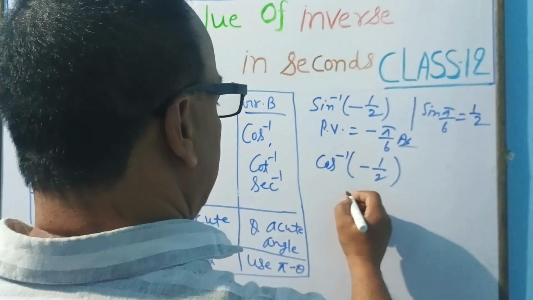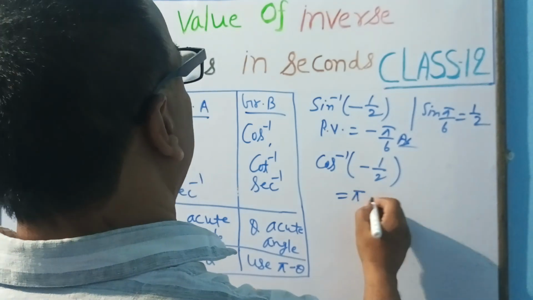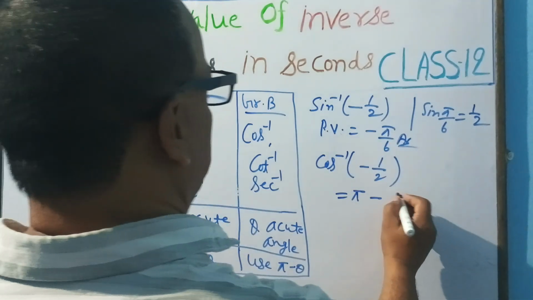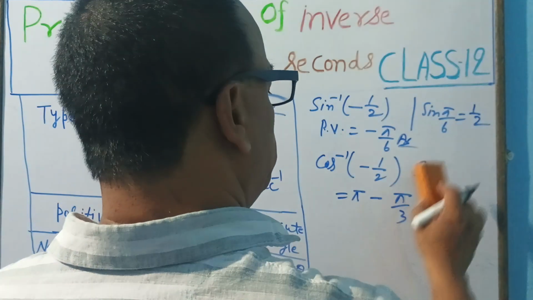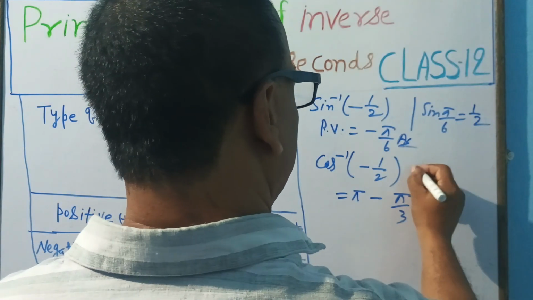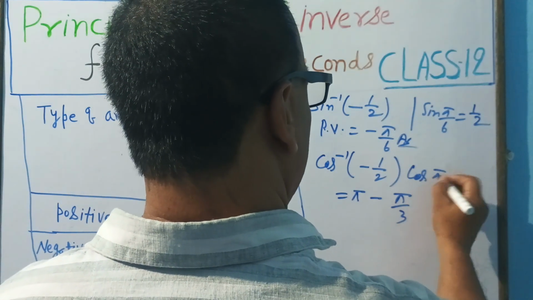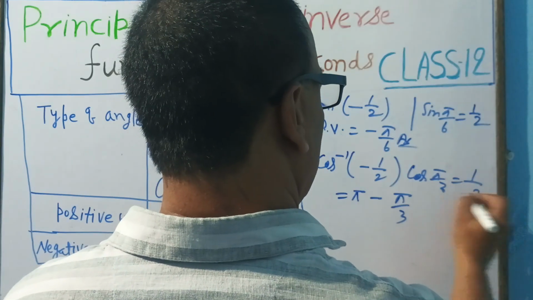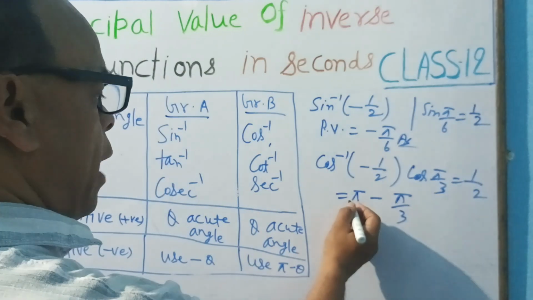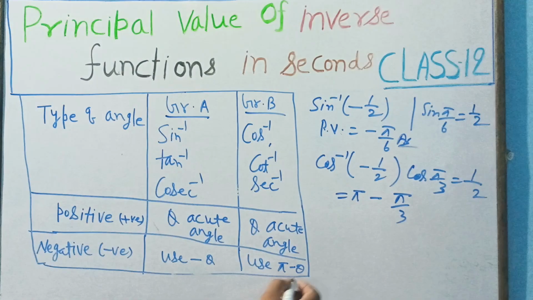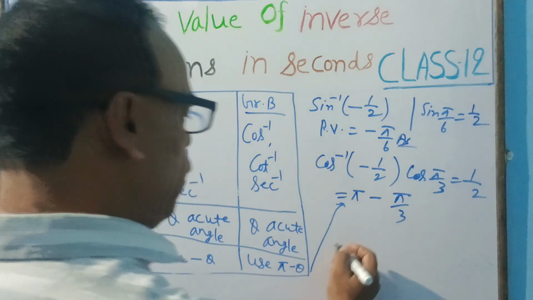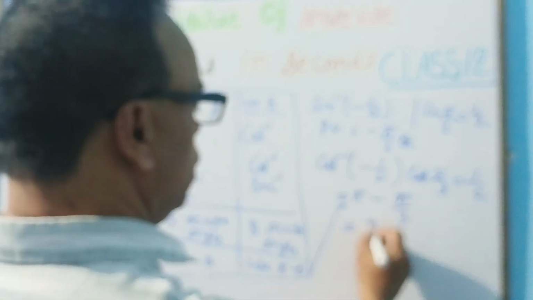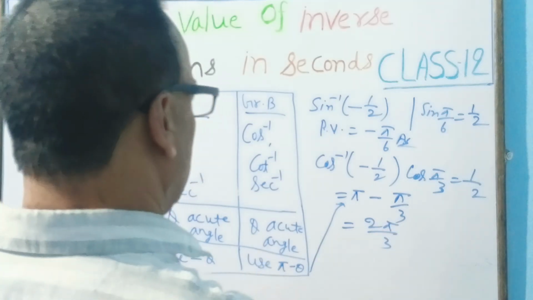Here the answer will be pi minus pi by 3, because cos pi by 3 is equal to half. We use pi minus pi by 3 for the principal value, and the answer will be 2 pi by 3.